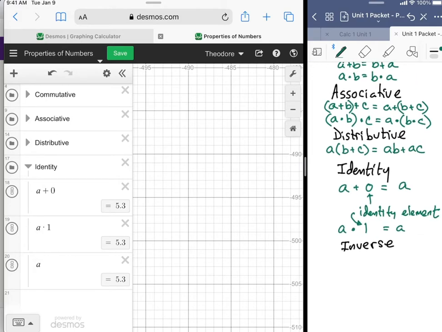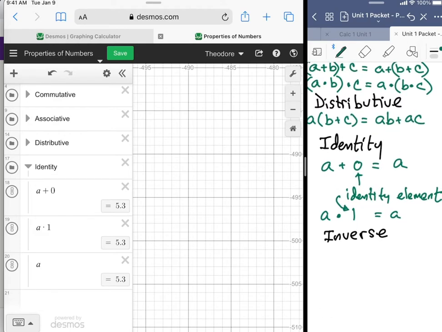Now the inverse is a trickier one because it's a little bit more conceptual. Inverses are values that when operated will result in the identity. All right. So we have A plus I, for inverse, is going to be equal to 0.